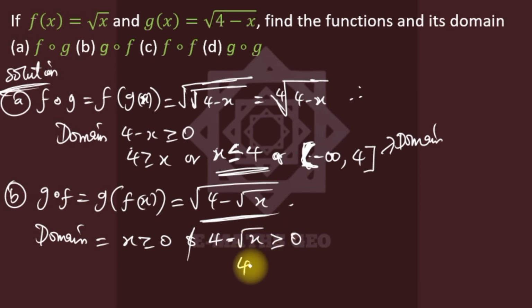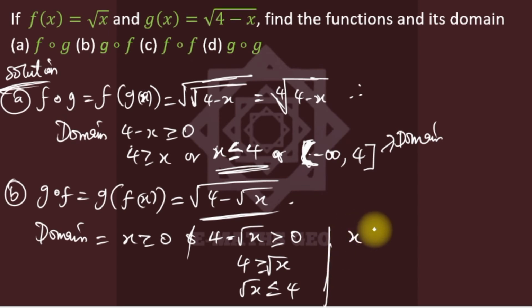Here, if we move this, we have 4 is greater than or equal to the square root of x, therefore the square root of x is less than or equal to 4. That is, x is less than or equal to 16, by squaring both sides.